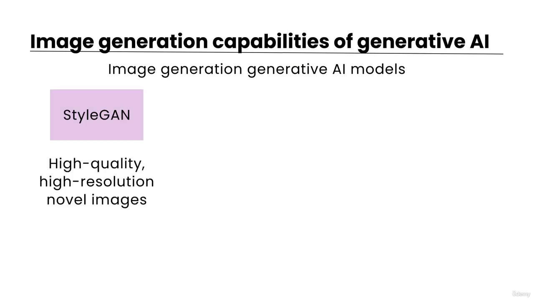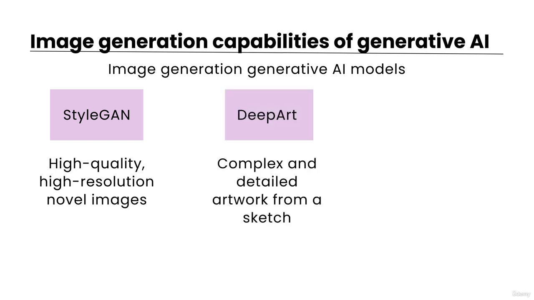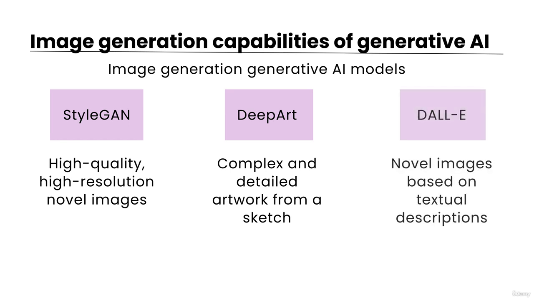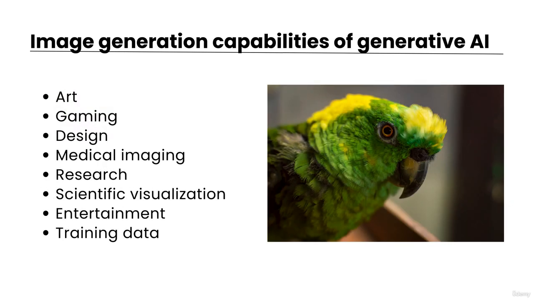StyleGAN, for example, can generate high-quality, high-resolution new images of imaginary faces, animals, or nature, while DeepArt can create comprehensive artwork from simple sketches, and DALL-E can generate entirely new images as described by the user through a prompt. Apart from application in art, design, environment, gaming, and research domains, generated images can augment training data and aid medical imaging and scientific visualization.